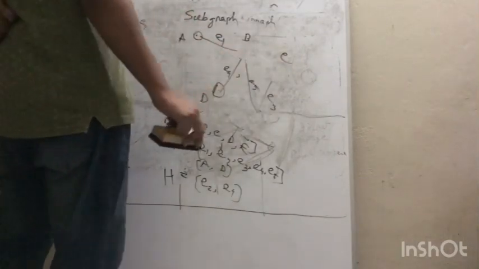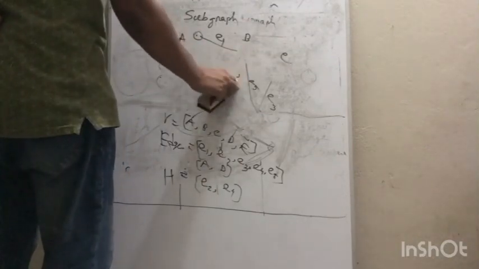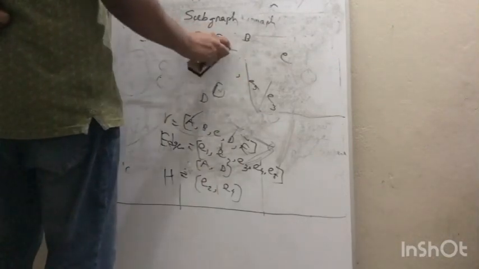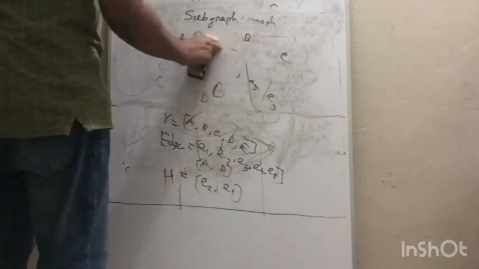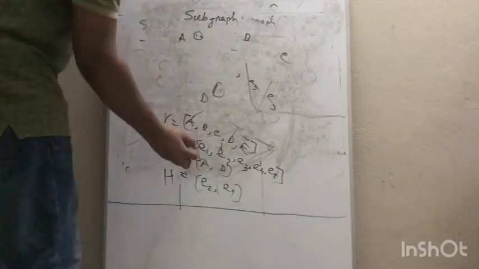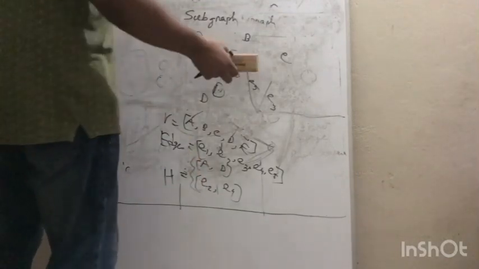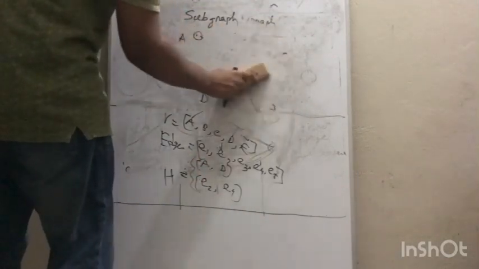E4 has no connection with A, so let's also remove it. E1 has no connection and is not part of the chosen graph. So just remove the other things.